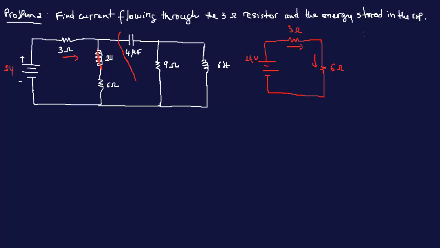V is equal to IR, so I is equal to V over R. V is 24 and R is 3 plus 6, so that's 9. 24 over 9 is 2.666, so almost 2.7 amps.